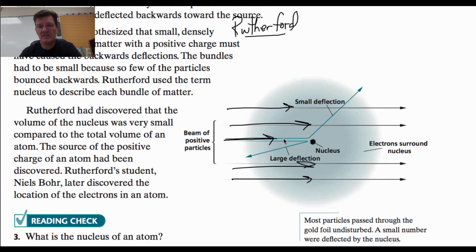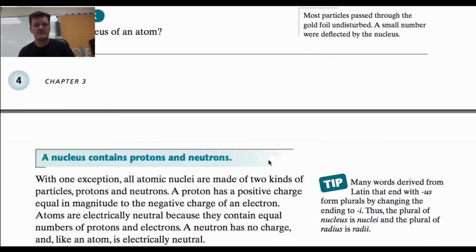Every once in a while, these radioactive particles would bounce off, ricocheting off of that nucleus. These are positively charged particles coming in, and so they determined that the nucleus must be positively charged as well. So one experiment helped scientists understand a little bit more about the electron. The other experiment helps us understand a little bit more about the positively charged nucleus where the protons are. Make sure you understand those two.